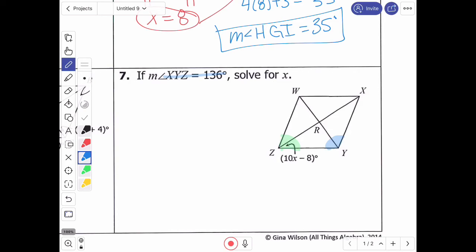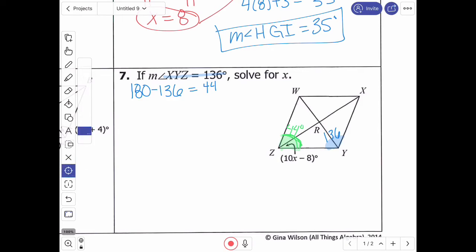So if this one is 136, I should take 180 minus 136 to get 44. So this entire green angle within this rhombus is 44 degrees.